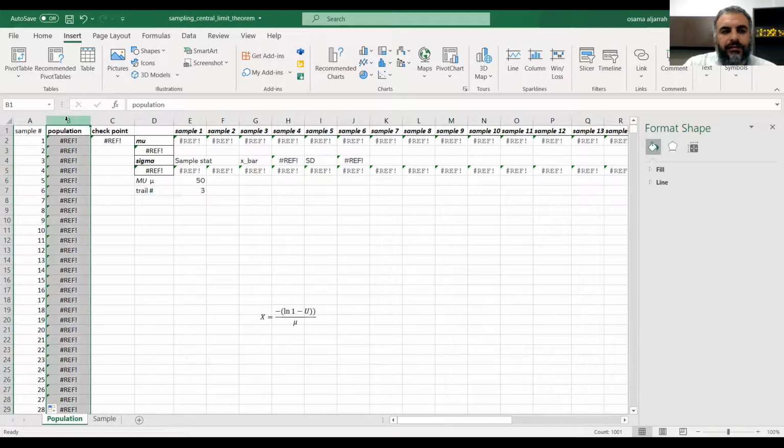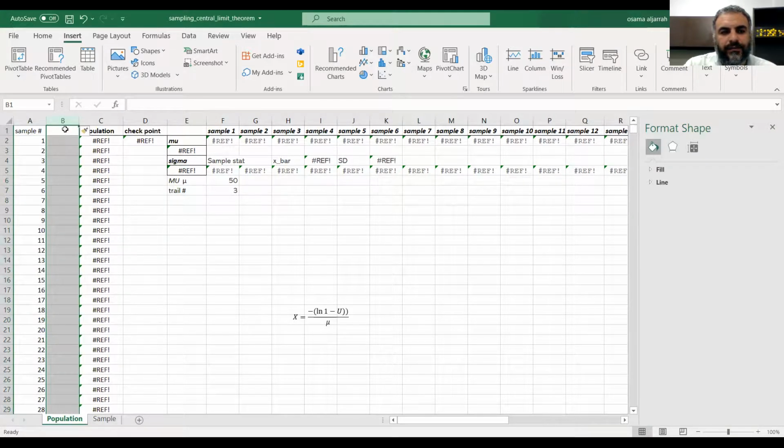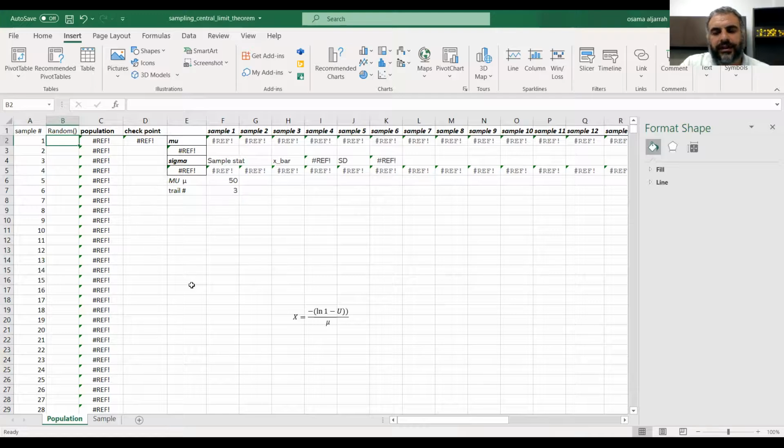After you've done that, I want you to insert a new column and call it random. So we want to generate a random number, and we will cover this topic later and see how random numbers are generated. It's one of the most expensive processes in computation.